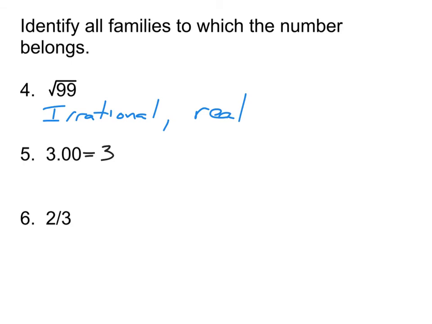Now, what's the most precise way to categorize 3? Yes, the most precise way to categorize it is as a whole number. But of course, we don't stop there. Every whole number is also what? What's the next level up? Well, if it has no decimals or fractions, it can be whole or integer. And so every whole number is an integer, so I put integer down as an option.